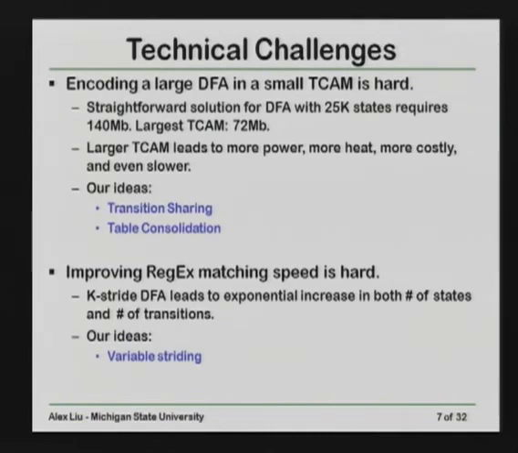If you build a DFA that consumes k characters, that's called a k-stride DFA, so every edge in the DFA consumes k characters. However, a k-stride DFA leads to an exponential increase in the number of states and transitions. Our idea is called variable striding, where at every step we consume a variable number of characters, without exploding the space.